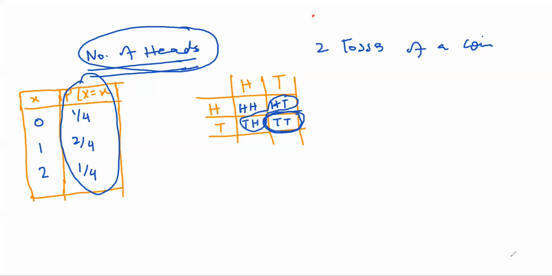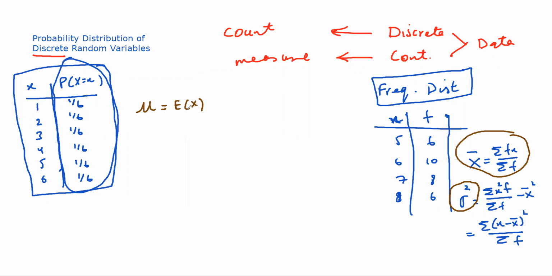So that is why this mean is called E of X, the expected mean, the mean expectation. There are many different words for this. This is called the mean expectation, or we can simply say the expected value, the expected score.